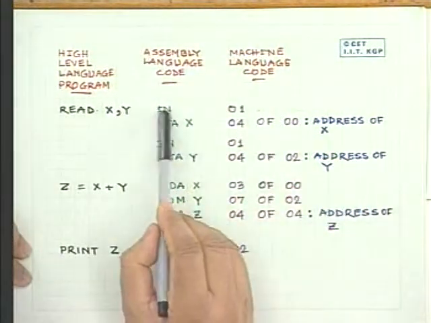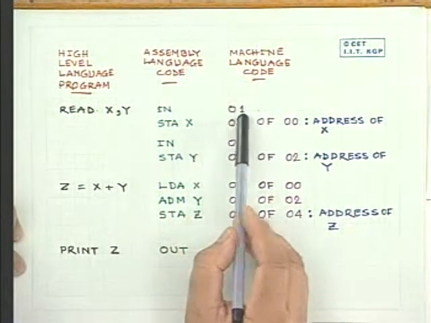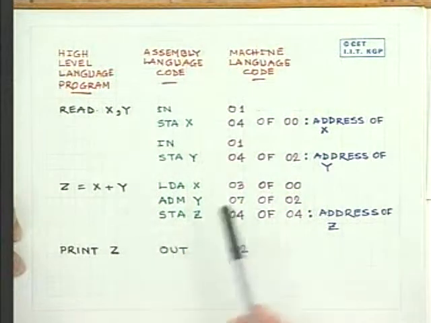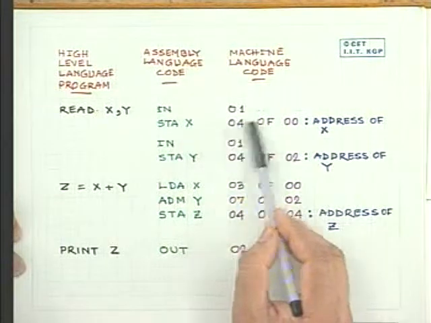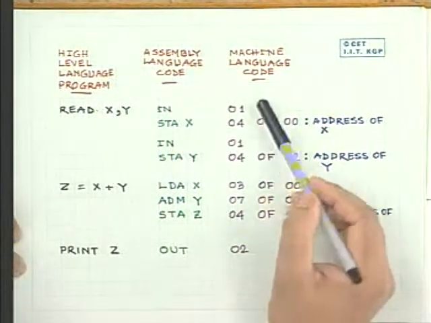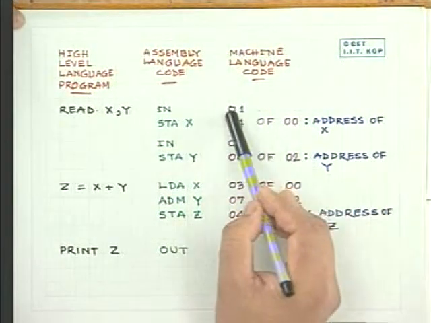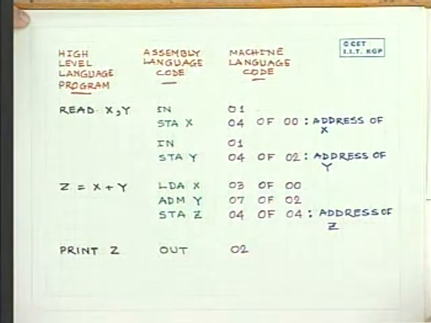For example, IN is an assembly language code whose corresponding machine language code in hexadecimal is 01. Now, all the figures in pink that I have shown here are in hexadecimal, okay, which means, for example, 0 and 1, 0 is a hexadecimal character, 1 is a hexadecimal character.